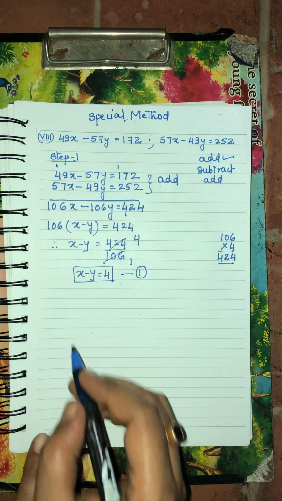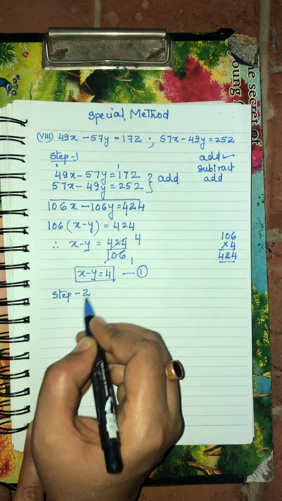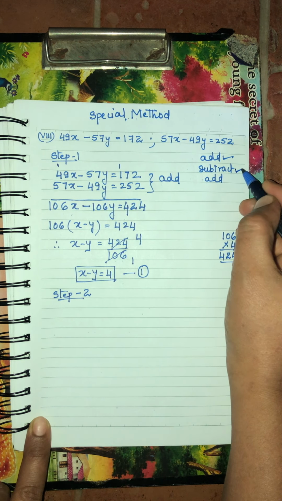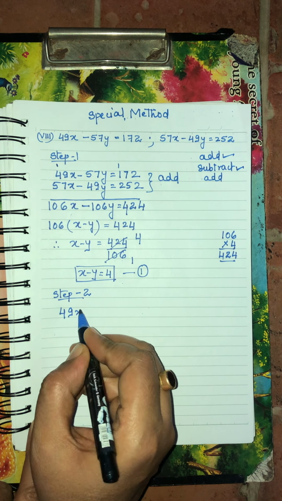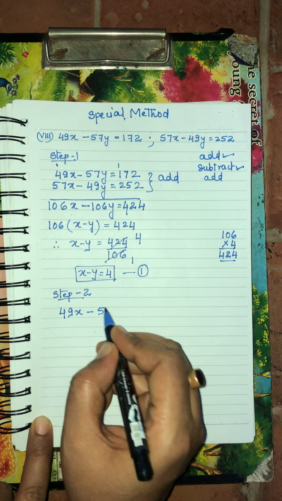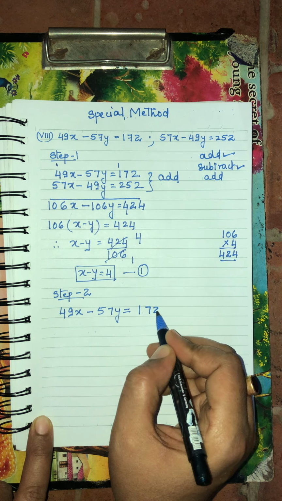Now step 2, in the same manner, but we have to subtract. So take both the equations one under the other. 49x minus 57y is equal to 172.